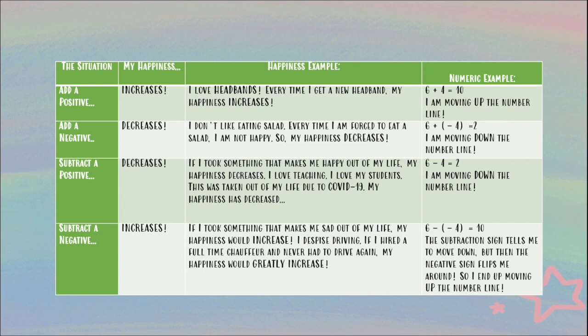If I took something away from myself that I don't like doing, I'm going to be happier because I don't have to do it anymore. So subtracting something negative makes my happiness increase, and that's the same thing with integers. If you subtract a negative number, it's going to increase in value. So 6 minus negative 4 is actually positive 10.